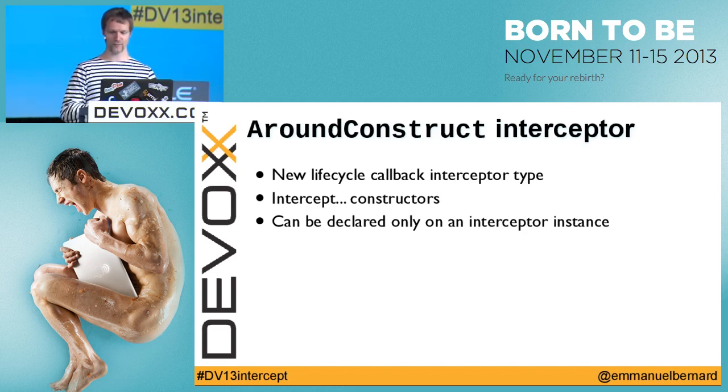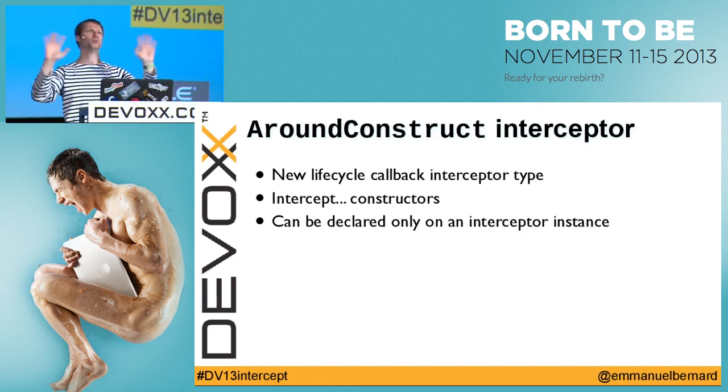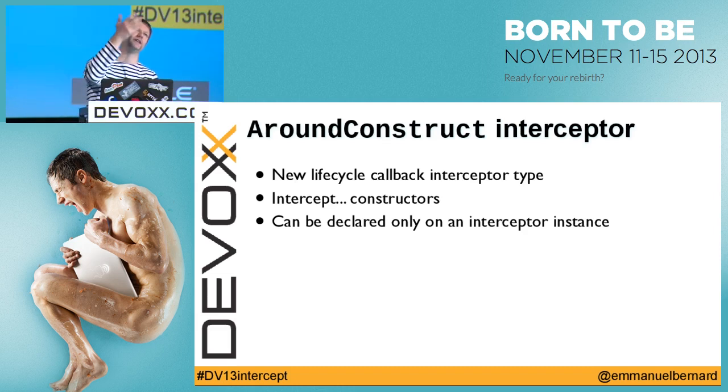Nice. There is a limitation compared to AroundInvoke, compared to a method interceptor. A method interceptor potentially can be on the actual component you're intercepting. So there might be a specific method on the component that says, call me and intercept all the methods of that component. You cannot do that when you intercept a constructor because you don't have the actual instance yet.